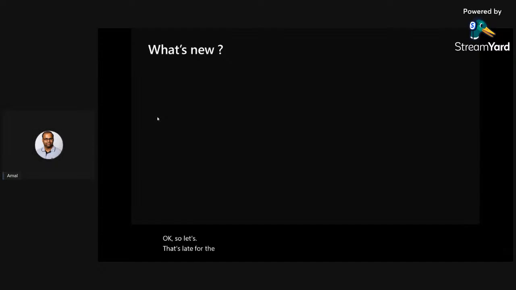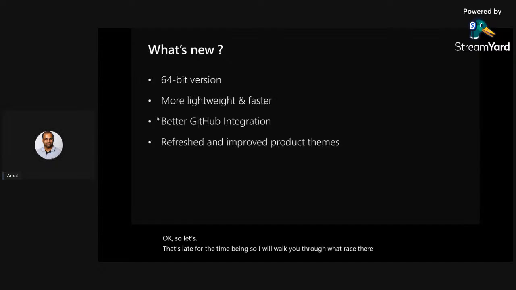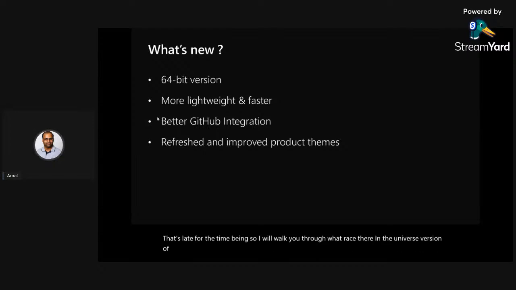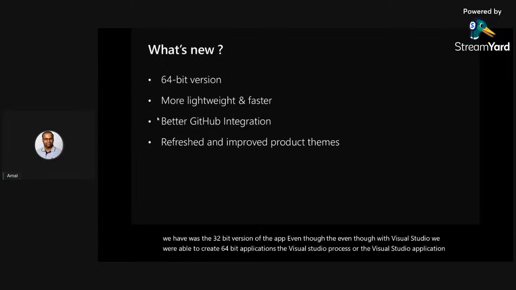So I'll walk you through what is there in the newest version of Visual Studio. As I said earlier, it is the 64-bit version. Up until 2019, what we had was the 32-bit version of the app. Even though with Visual Studio we were able to create 64-bit applications, the Visual Studio process or the Visual Studio application itself was a 32-bit version.